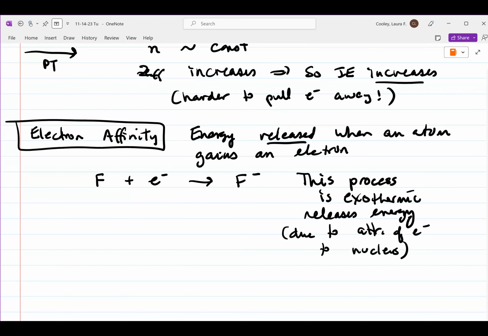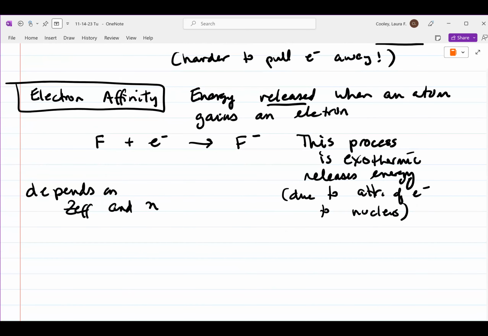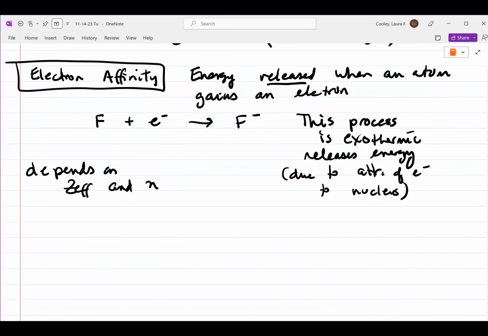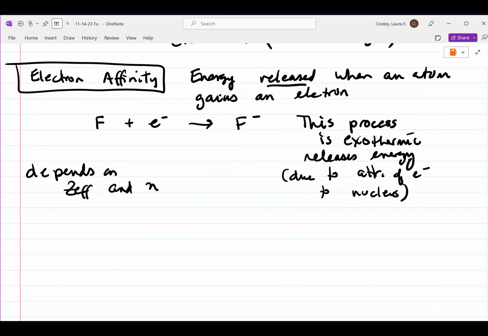And electron affinity also depends on, guess what? Z effective and n. So how does EA depend on Z effective and n? As n increases, you're adding an electron to a shell that's further and further away from the nucleus.